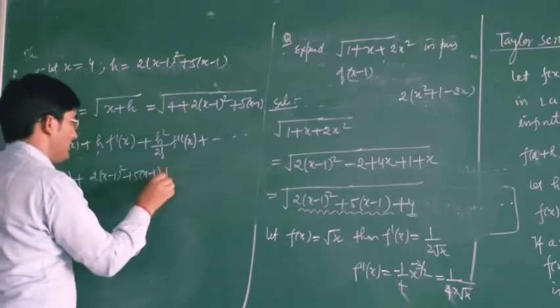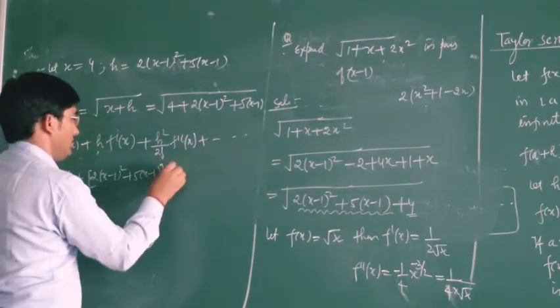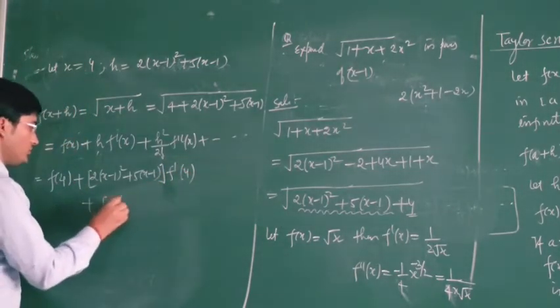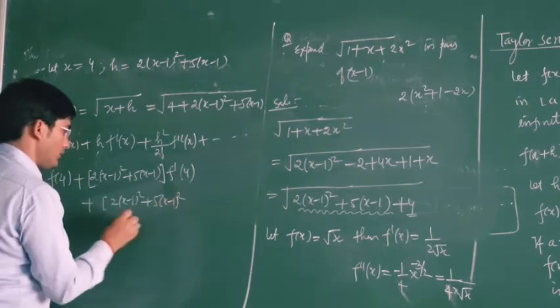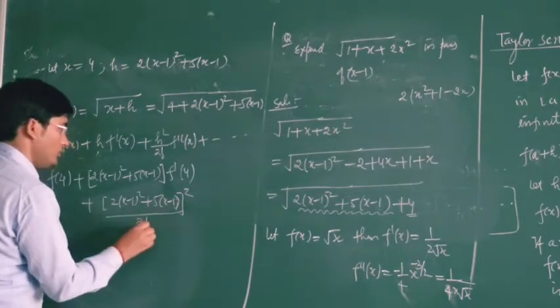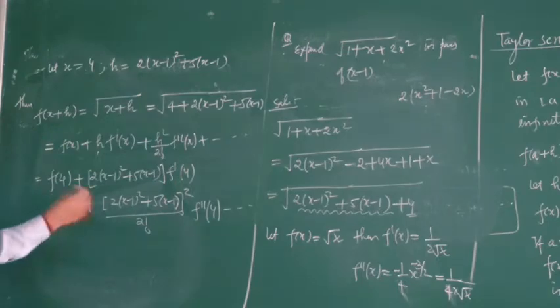Then we will have f dash 4. Then the next term will be the whole square of this one divided by factorial 2 into f double dash 4, and then remaining terms.